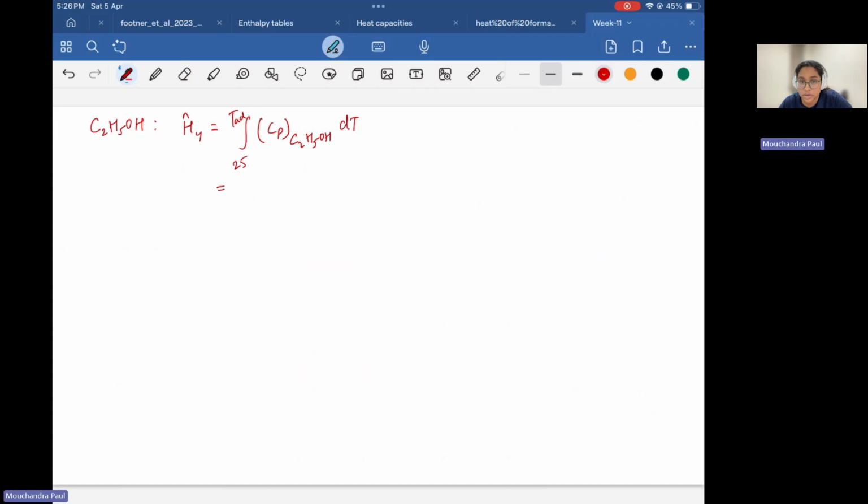And when you solve it, you should get 0.06134 T adiabatic plus 7.86 into 10 to the power minus 5 T square adiabatic, then 2.916 into 10 to the power minus 8 T cube adiabatic plus 4.958 into 10 to the power minus 12 T to the power 4, and the constant value is 1.582.